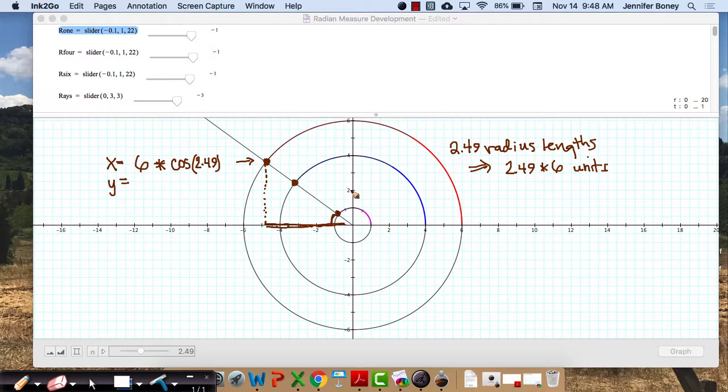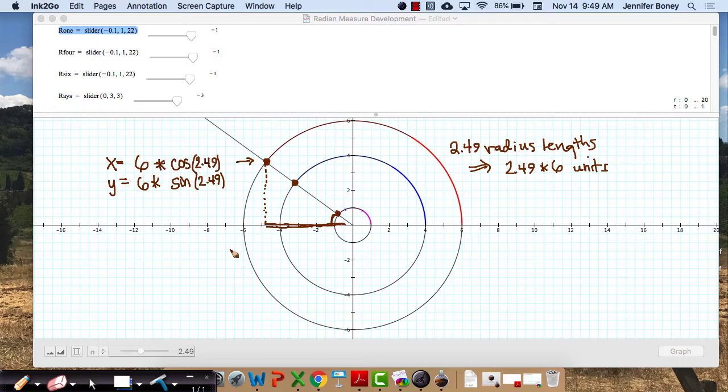It's quite a bit less than 6, maybe about 2/3 or so of the radius, the height above the horizontal axis. What that ratio is, that's the sine function. So I've got the sine of 2.49. That would be the actual height for a unit circle, or a circle with radius 1. But when I have larger circles and I'm scaling up, I just use the radius to do that. So 6 times the sine of 2.49 would give me the height here.